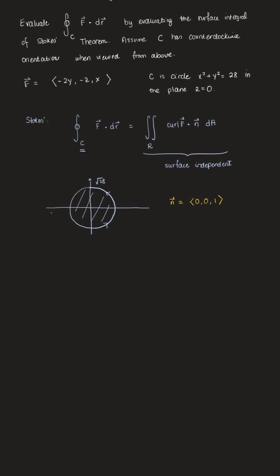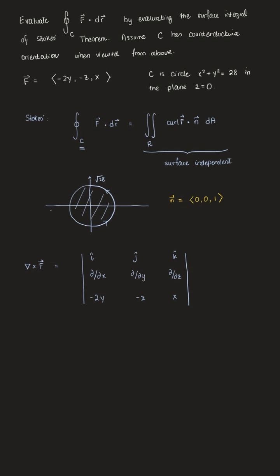Okay, so we have the normal. Let's calculate the curl for our field. We have a three-dimensional vector field, so let's set up our cross product of del with the vector field to find curl. So that will give partial with respect to x, partial with respect to y, partial with respect to z, and the components of our vector field are negative 2y, negative z, and x.